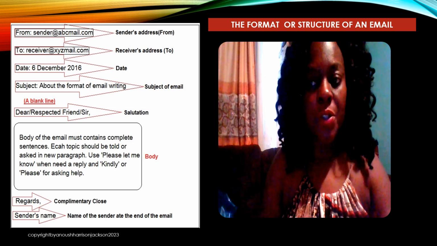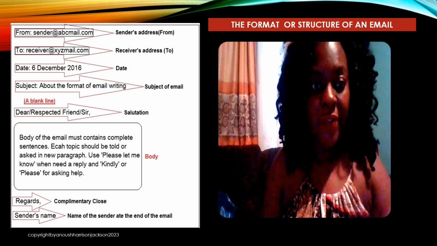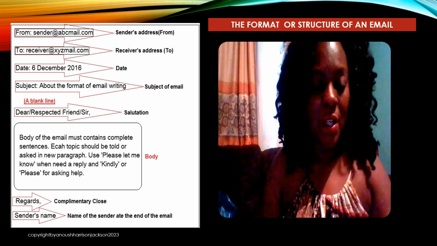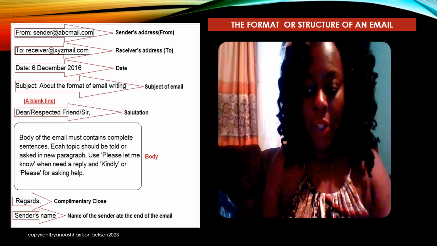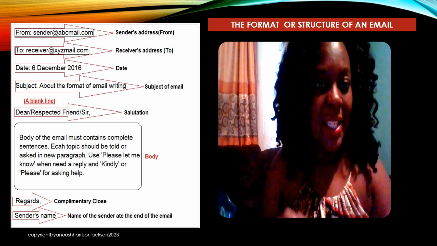The format or structure of an email. Now the first thing that you see is From. In this section, you will have the sender's address, and by address we mean email.